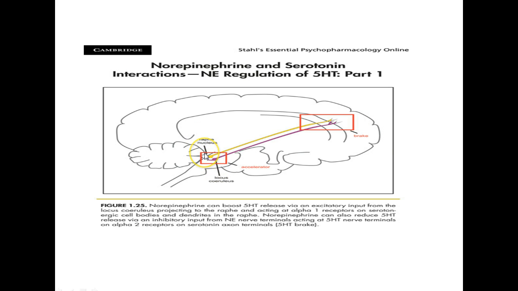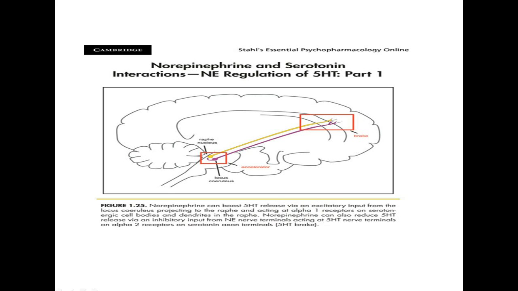Of course, you have the raphe nucleus and the locus ceruleus, the origins for serotonergic and norepinephrine neurons respectively. So norepinephrine can boost 5-HT release via excitatory input from the locus ceruleus projecting into the raphe nucleus and acting at alpha-1 receptors.